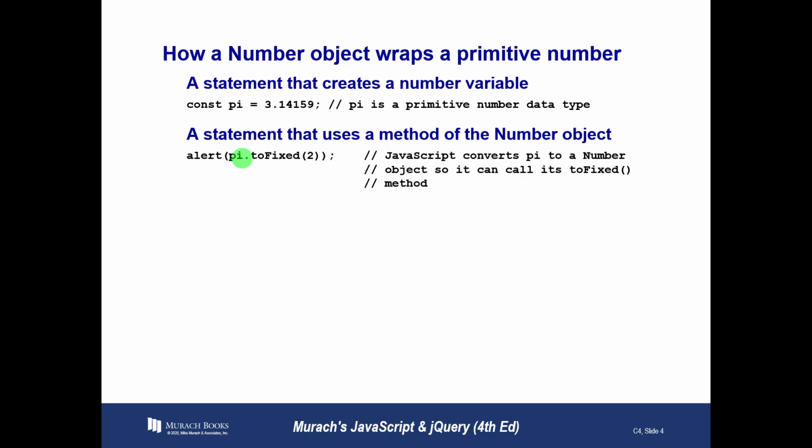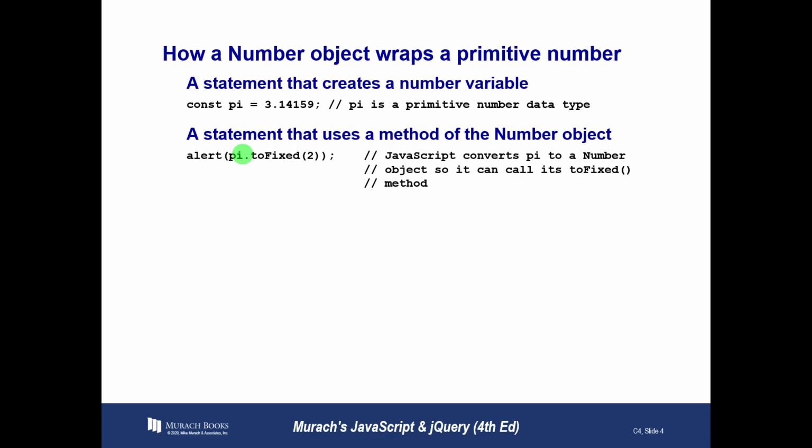And that's where the wrapper object comes in. The number wrapper object wraps around these primitives and lets us treat them just like they were an object. And we can call a method, in this case, the toFixed method, from the number object, on a primitive data type. And it just works. JavaScript takes care of that for us.